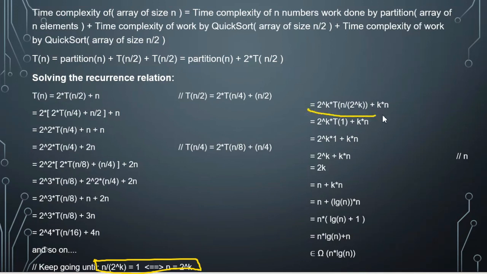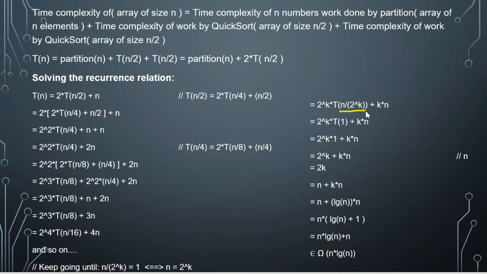This will become 2 to the power k times; it will go up to k times, as it is increasing 1, 2, 3, multiplied by T(n/2^k). The power of the inner sub-arrays will also increase k times.